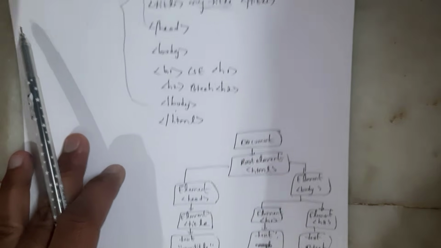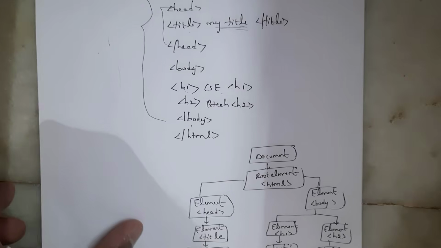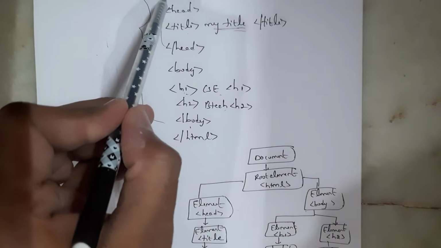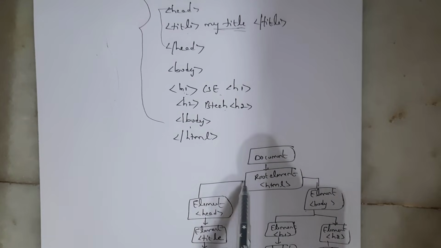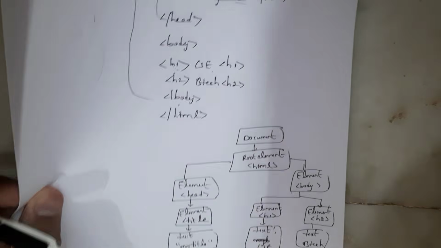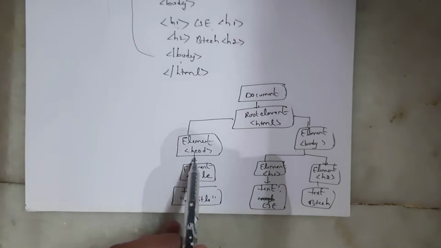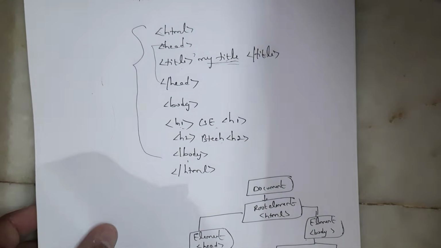If you see this, you can clearly understand. Here the document is HTML, where HTML is the root element, as we know the first one is the root element. Inside HTML there are two elements: the first is head and the next is body. Inside head I wrote title, and I gave the text as "my title."